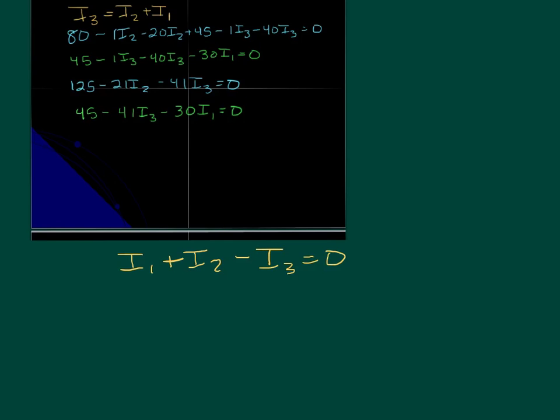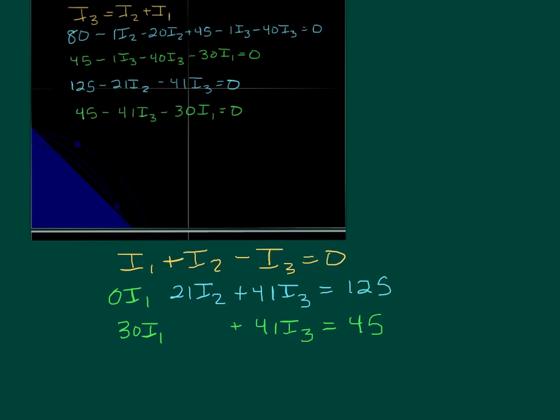The second equation becomes 21I2 plus 41I3 equals 125, and the green one becomes 30I1 plus 41I3 is equal to 45. So notice I left spaces. There's 0 I1s here and 0 I2s here.